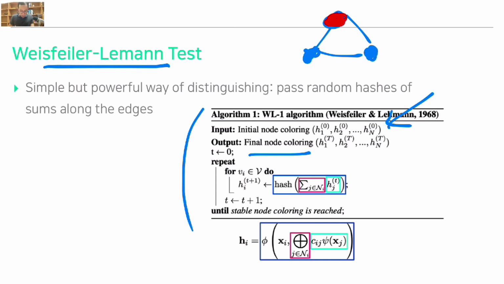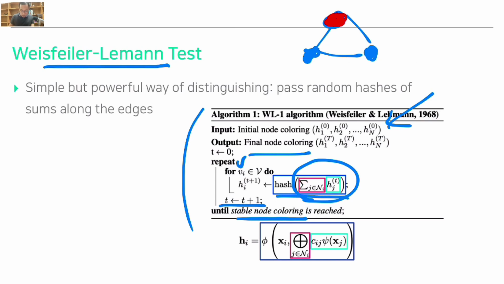With respect to the vertex, we assign a different color from this hash function, and we increase the time step until the stable node coloring is reached. So we assign different colors based on the neighborhood. So it is considering the neighborhood.